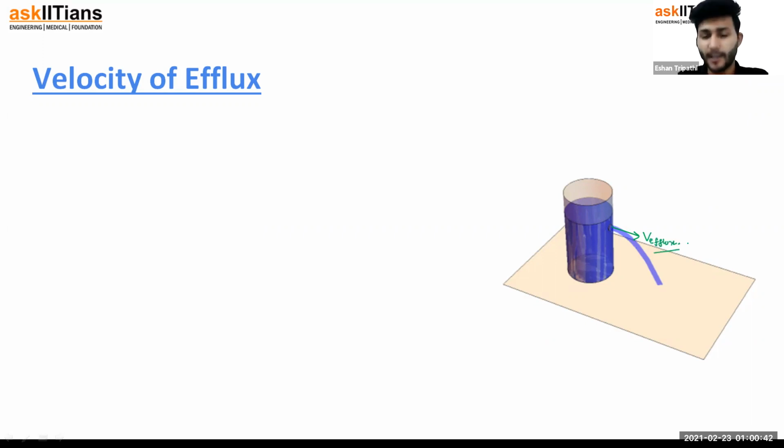When you make a small hole, the speed with which the liquid comes out of it is called velocity of efflux. By using Bernoulli's theorem, we can actually find out the velocity of efflux. Let's see, this is really, really interesting.